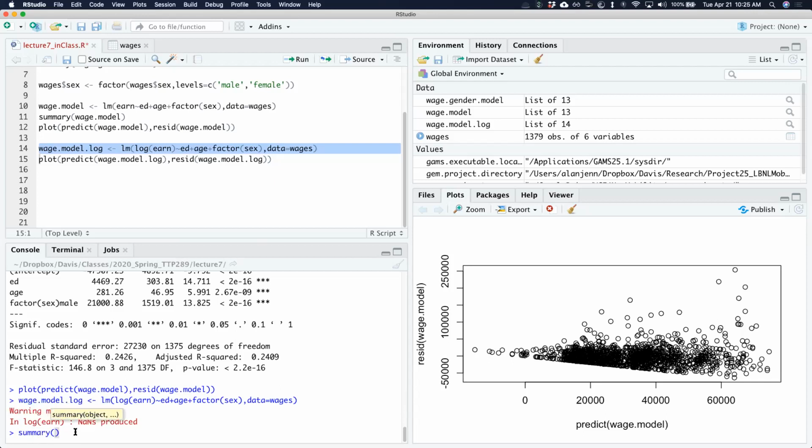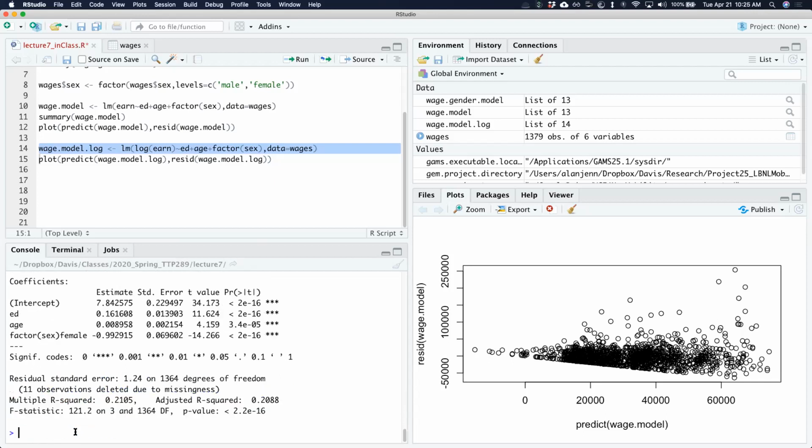So let's take a look at our results. Now this looks a little bit different. If you'll remember from last time, the way that we interpret this is now slightly different.